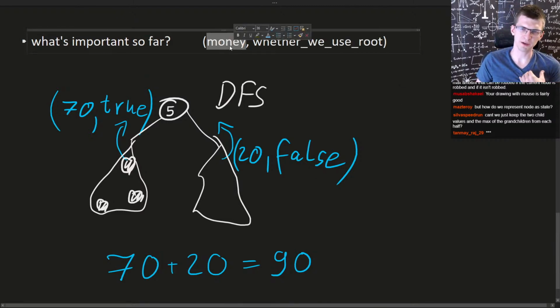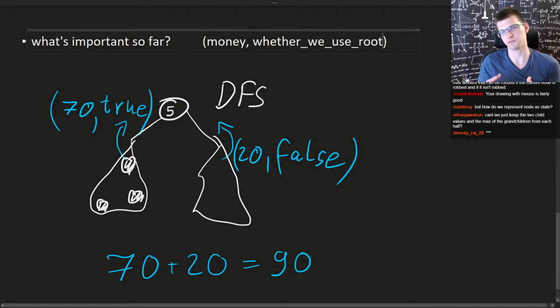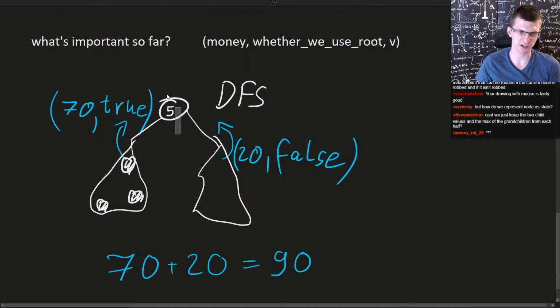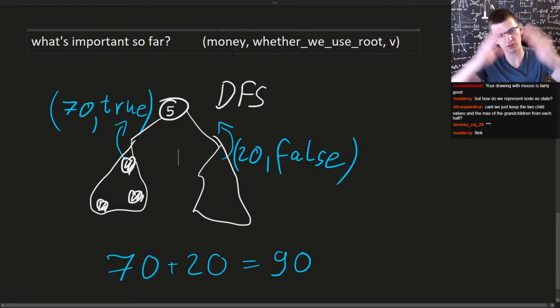Money is something we maximize, so it will be value of dp, and whether we use the root will be dimension of dp. And also it's important at what vertex, what node I am, to distinguish situation here versus there. So if I tell you that I'm at node 5, I didn't use this node, but maybe some children, and I got so far 70 money, 70 coins, it's enough for me to continue up.